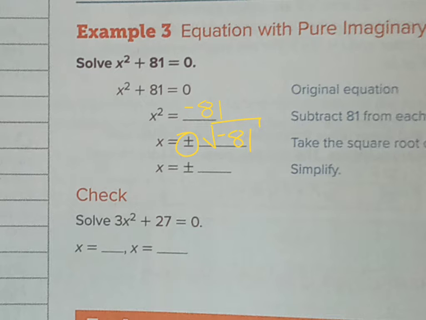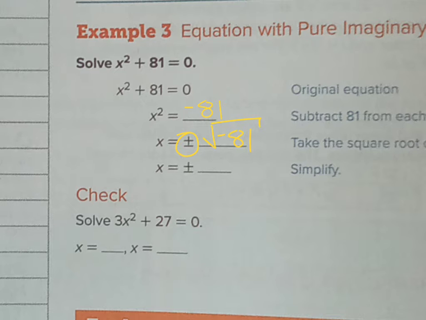The reason that's true is because a solution to an equation is what you can plug in to make a true statement. 2 squared is 4, but negative 2 squared is also 4. So both of those answers would be correct, and that's where the plus and the minus comes from. Is that okay?